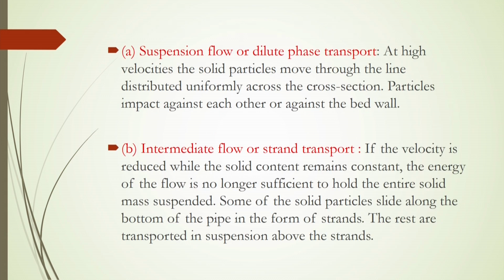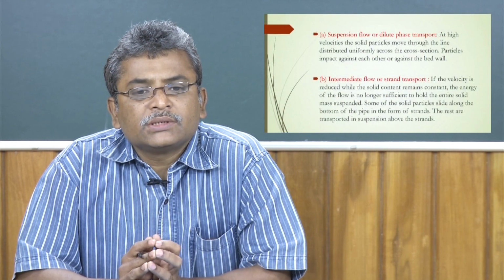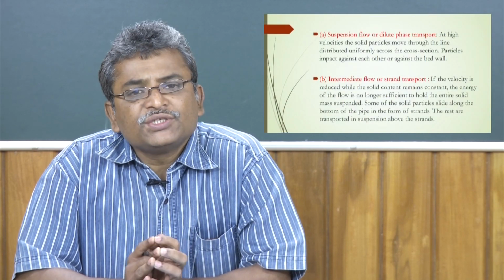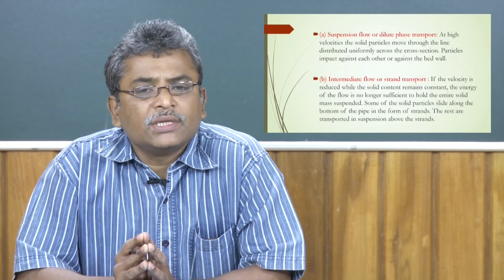In suspension flow or dilute phase transport at high velocity, the solid particles move through the line distributed uniformly across the cross section. Of course, the particles impact against each other and against the bed wall.